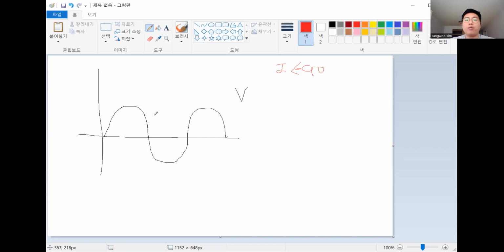So if we look at that now, the current I is 0 ampere here until here. This is where we switch on. Okay, I will call this the switch. So now the V is at 0 degrees here, the black line.